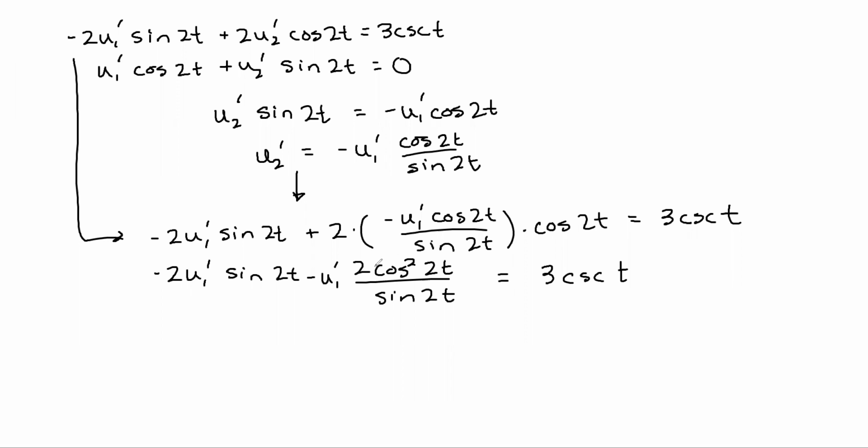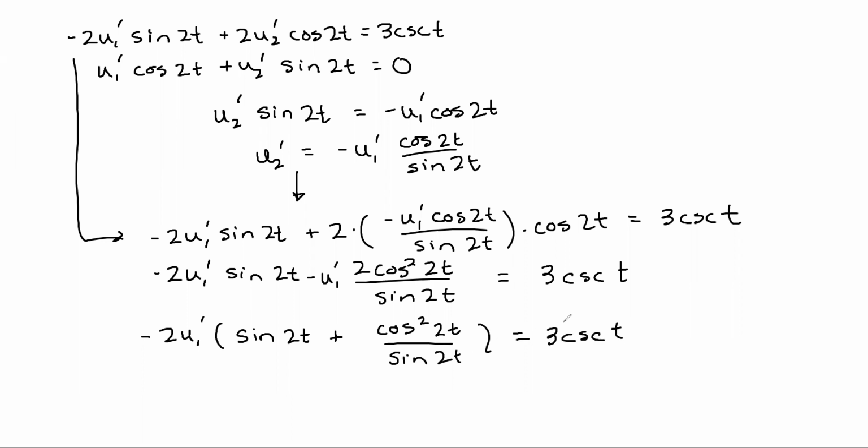Okay. And then at this point, we can factor out the negative 2 u1 prime. So I'm pulling out the negative 2 u1 prime there and the negative 2 u1 prime here. We get sine 2t plus 2 cosine squared, not 2. Cosine 2t squared over sine 2t equals 3 cosecant t.